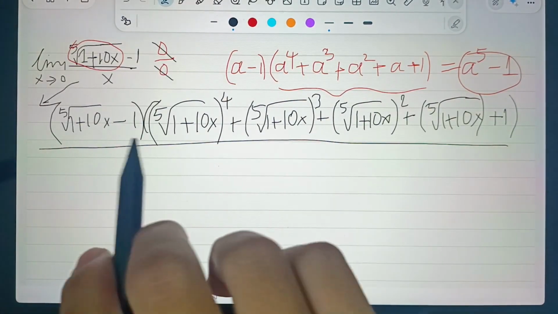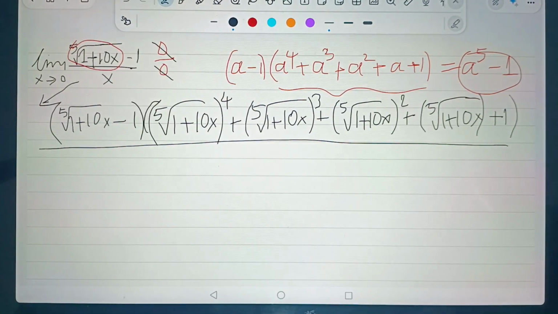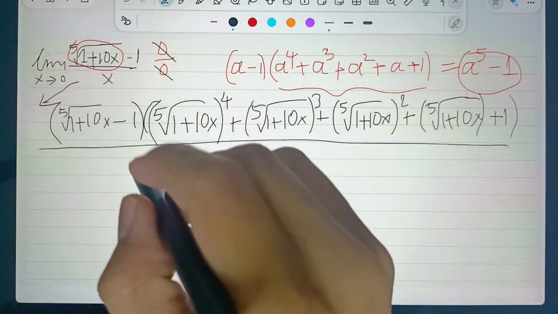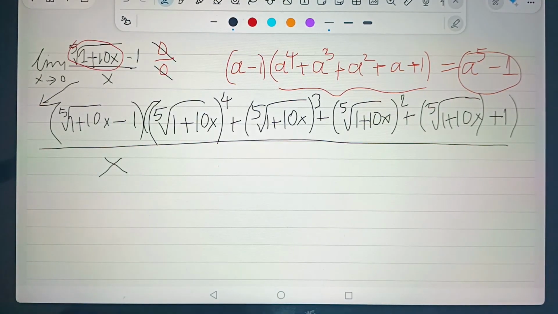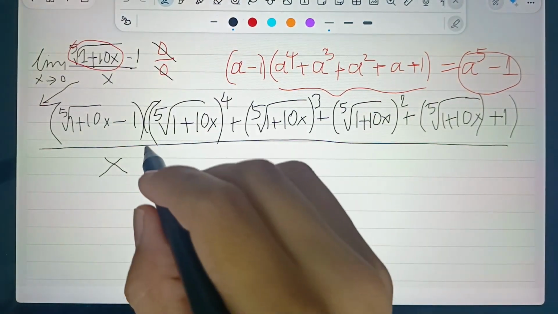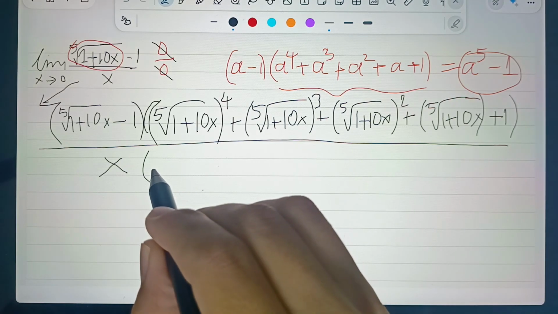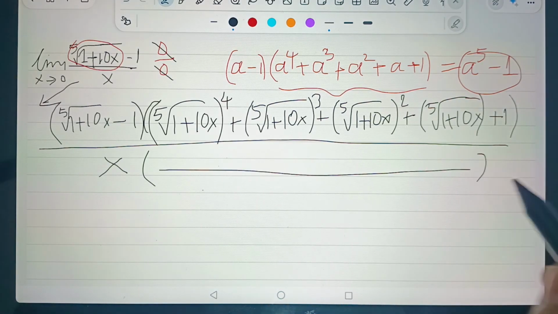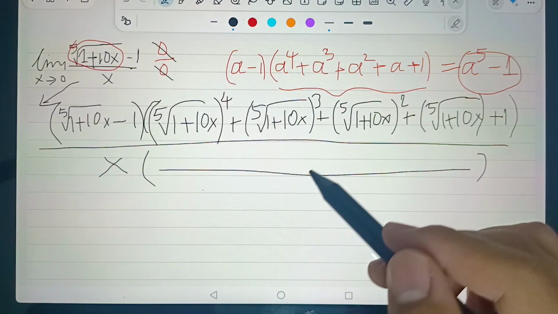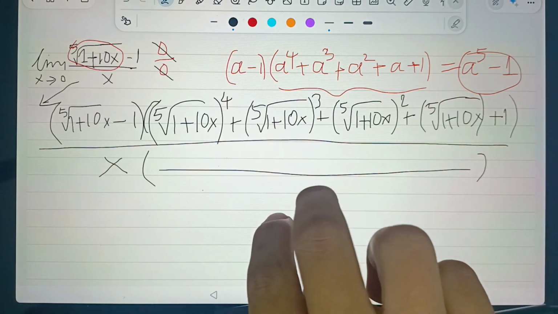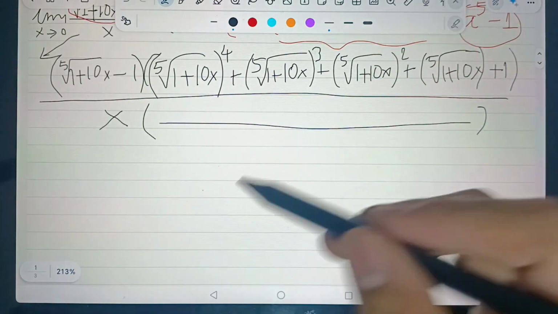So if we multiply the top by this thing, we need to multiply the bottom, the denominator, by this thing as well. The bottom thing is the same as the top.